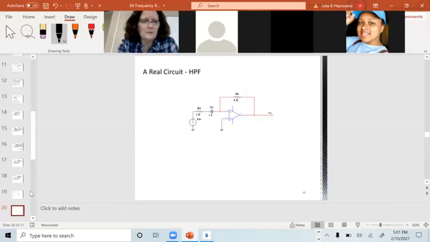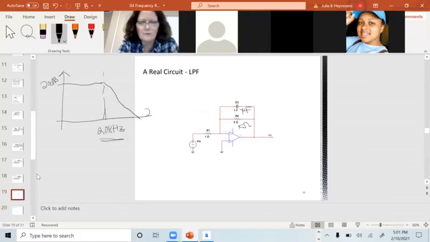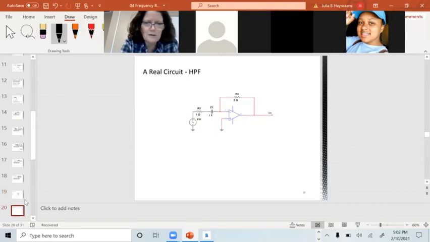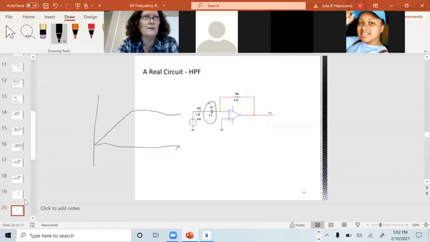This is a high pass filter, and all I've done between the low pass filter and the high pass filter is I've moved this capacitor. So the capacitor's here, and now the capacitor's here. And this has a frequency response, and we'll talk about this in more detail when we get to the 05 slides. But it has a pass band that looks like this.